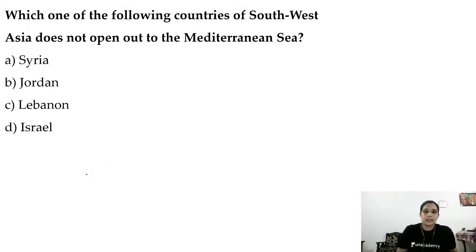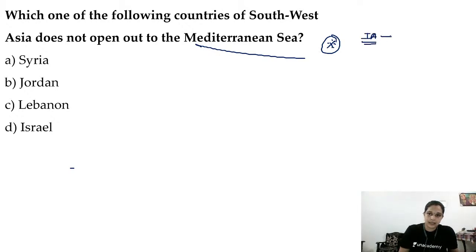Which one of the following countries of Southwest Asia does not open out to the Mediterranean Sea? See, this question is clearly related to international affairs. I told you already, in international affairs questions, you will definitely get at least one or two map questions. How?